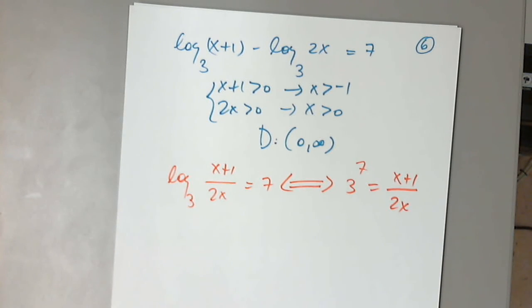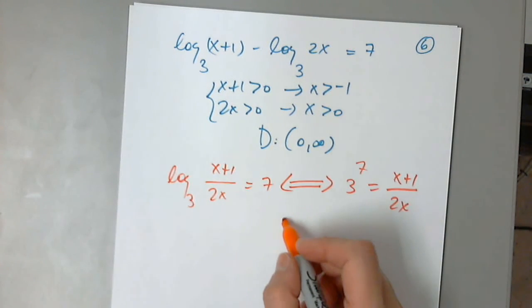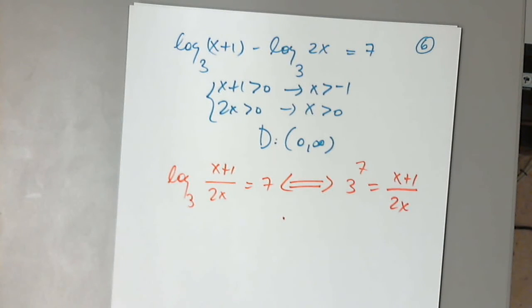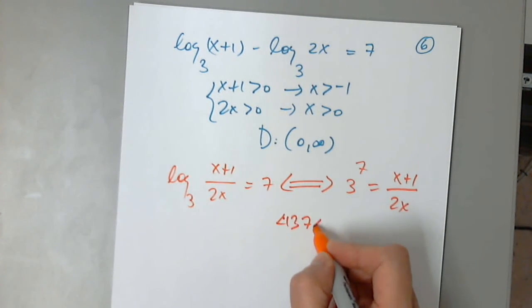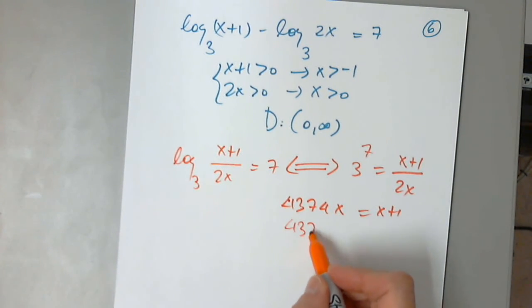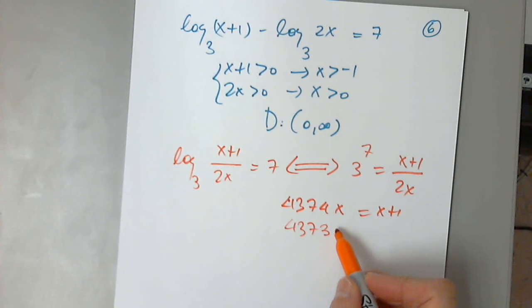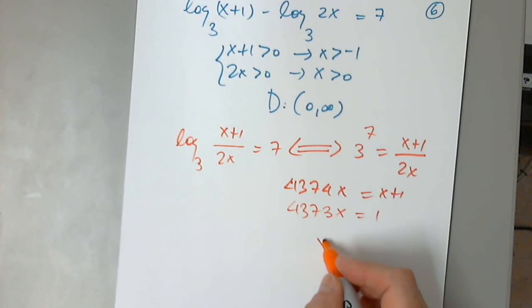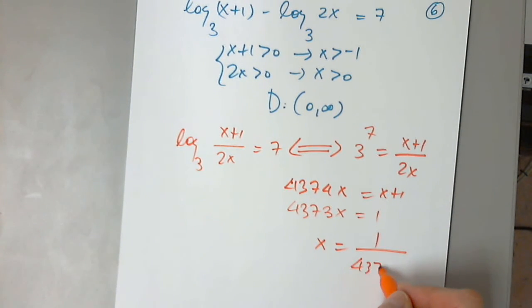So 2187 times 2, how much is that? I got 4374. 4374x equals x plus 1, or 4373x equals 1, or x equals 1 over 4373.